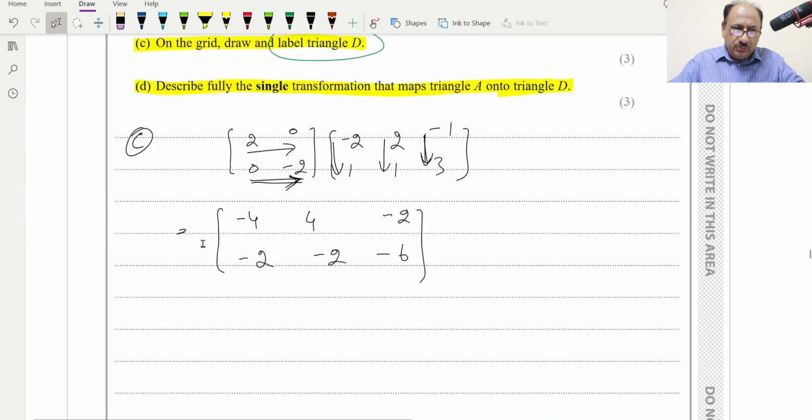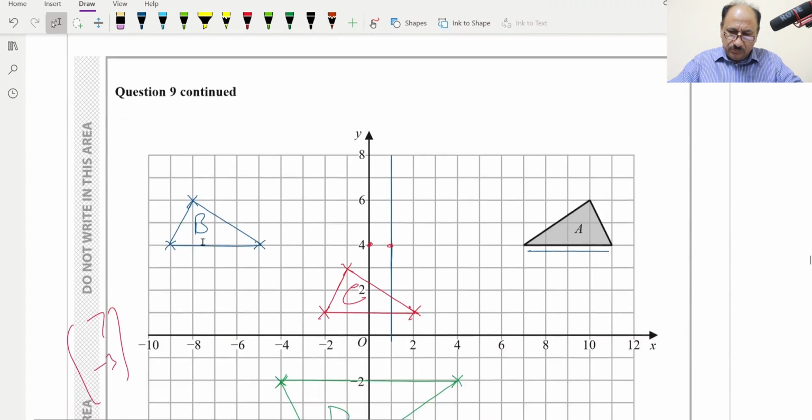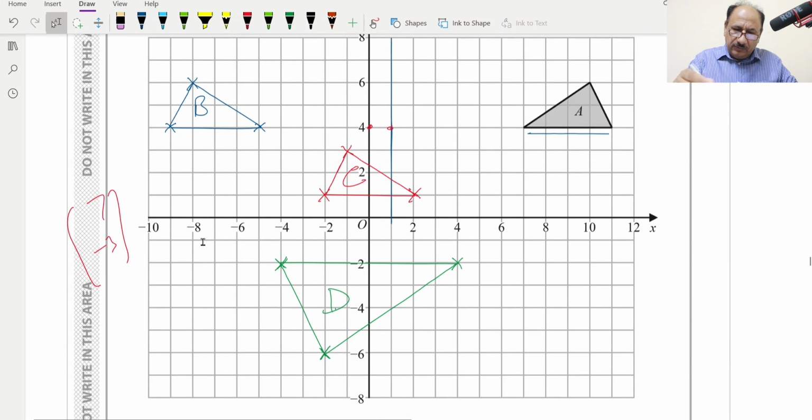So A onto D, we will be checking A onto D, and that one we can draw. Basically we can join this point with this one, and next we will be joining the other 2 points also, from here we can join these points basically, and this will be this one.